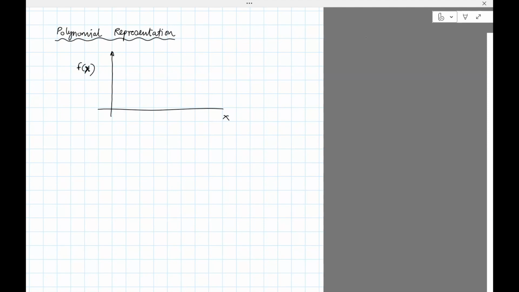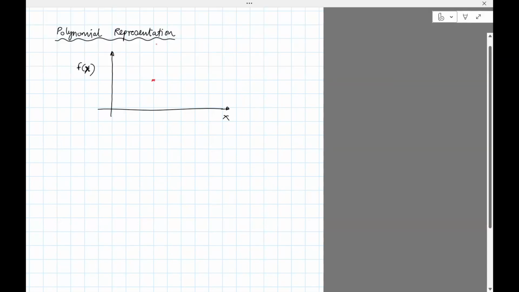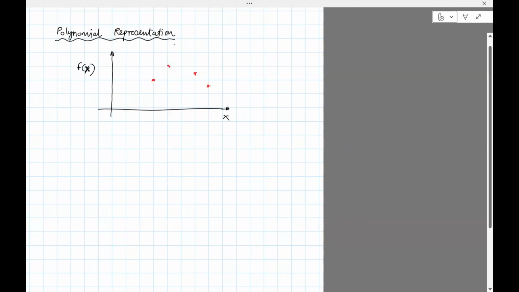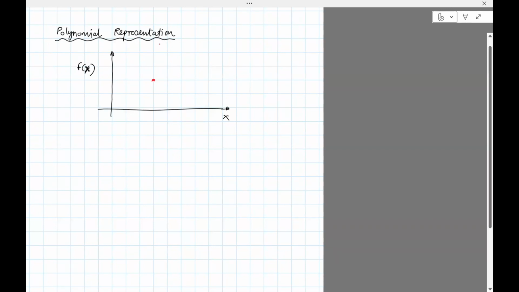Okay, so there's an independent variable x, and there's a physical quantity f of x. All you have with you is data at some points. And you're told to compute the derivative at, let me just move this a little bit, say here, here, and here, and perhaps here.